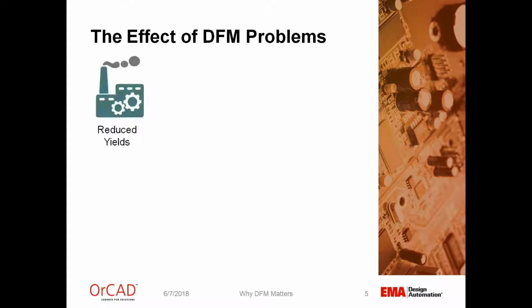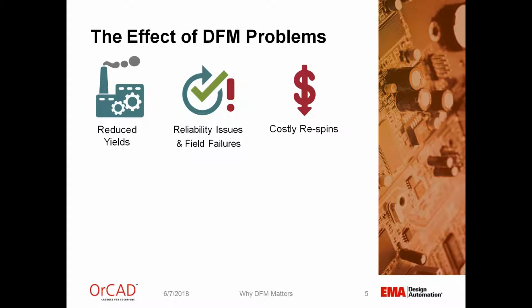So what is the effect of DFM problems? It can affect our overall yield of our product in fabrication. It can also cause reliability issues and possibly failures in the field. It can lead to a costly respin depending on the type of defect.